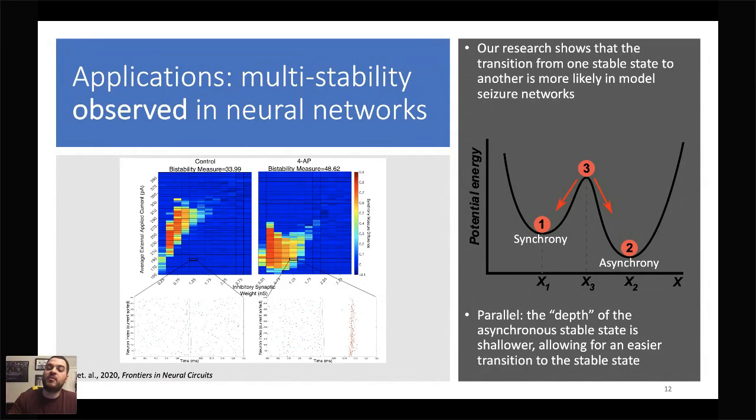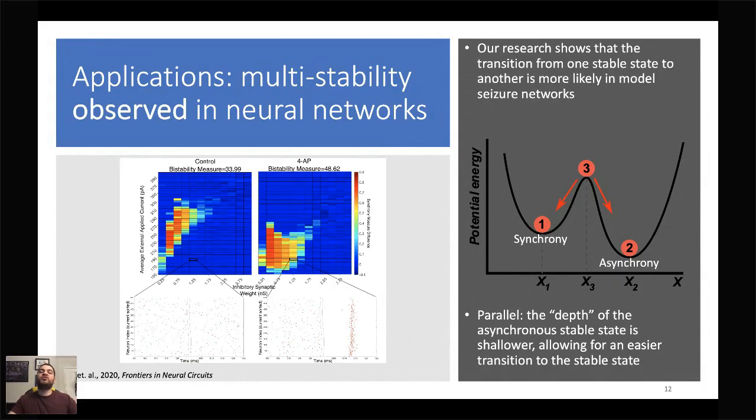So the way you can think about that in terms of our parallel is that when you're in a seizure state, the depth of this asynchronous well is significantly less, basically meaning it's much easier for me to push my ball out of the asynchronous well and into the synchronous well.